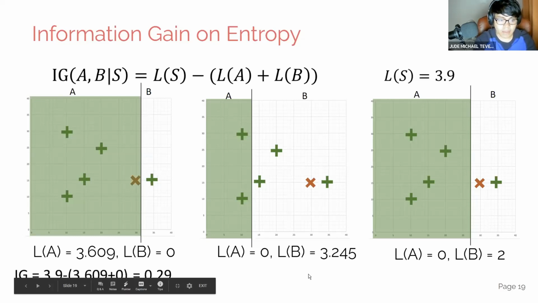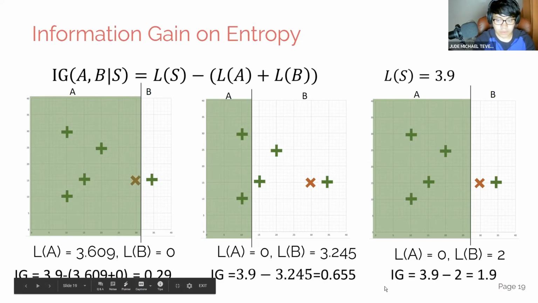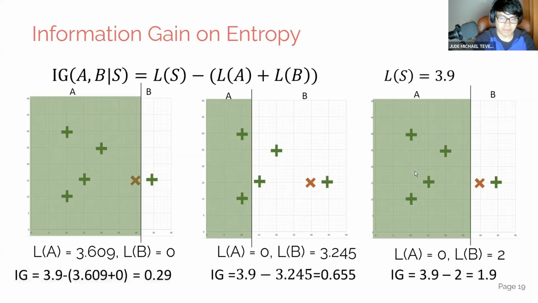But now we'll get the information gain. So from 3.9, we deduct the loss for A and B, and same for the others. So we end up with 0.29 for the left, 0.655 in the middle, and 1.9 for the one on the right. So this means that you gained the most information for this splitting here, this one on the right.